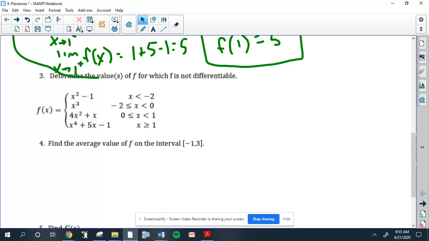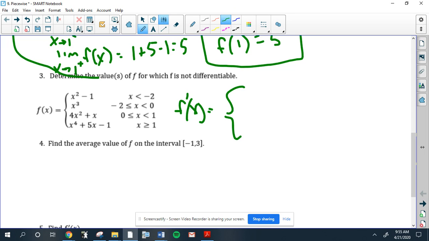So basically, you're going to write the derivative of this function, which is f prime of x equals 2x, x is less than -2. It equals 3x squared when x is between -2 and 0, and so on. Notice, first of all, that I'm not including these equal signs on my derivative because I'm not sure if it's differentiable or not.